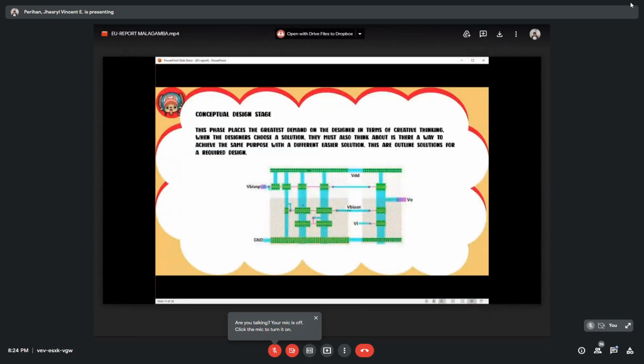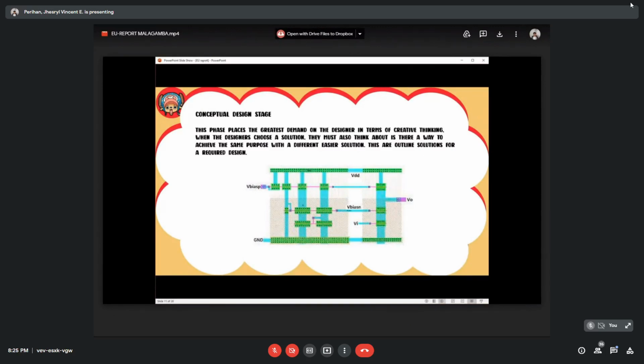So first, what is conceptual design, the first stage? This phase places the greatest demand on the designer in terms of creative thinking. When the designers choose a solution, they must also think about whether there is a way to achieve the same purpose with a different, easier solution.